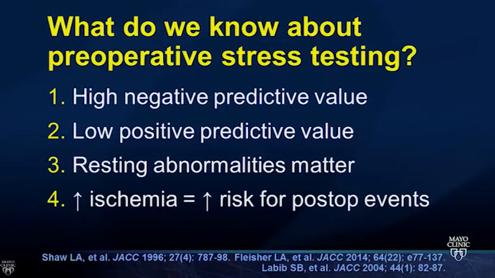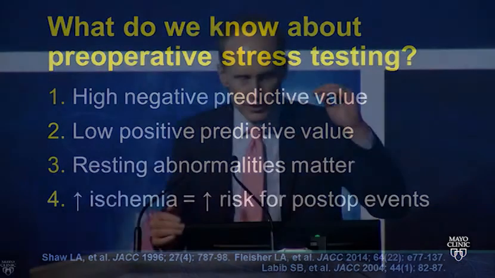We've already talked about this a little bit in terms of the chronic coronary disease, but more ischemia on stress testing is going to increase your risk of postoperative events. And number five, the higher risk patients, the more accurate the test. You're going to have a better negative and predictive value in the patients that are more likely to have events, that are patients that are going to be at higher risk.